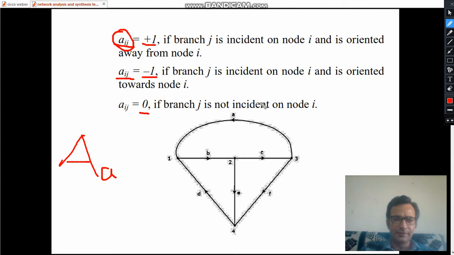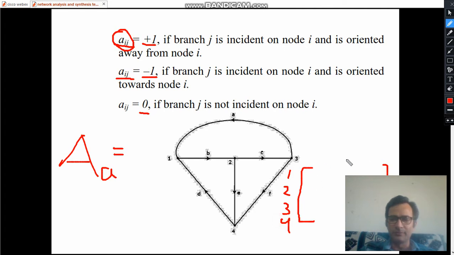So in the complete incidence matrix, rows will be corresponding to these nodes. 1, 2, 3, 4 nodes are there.